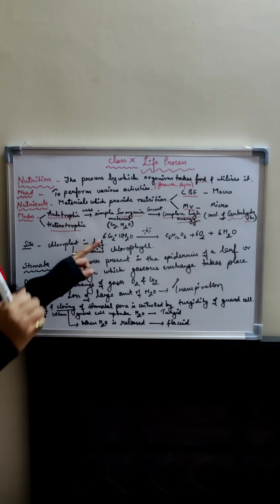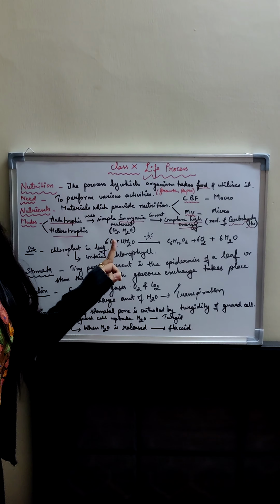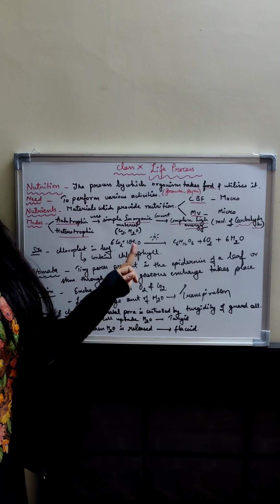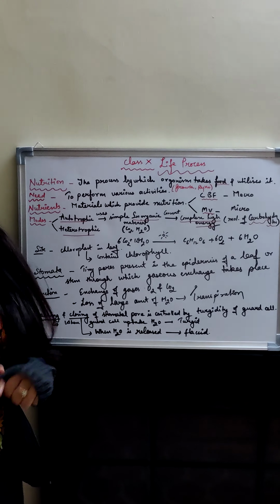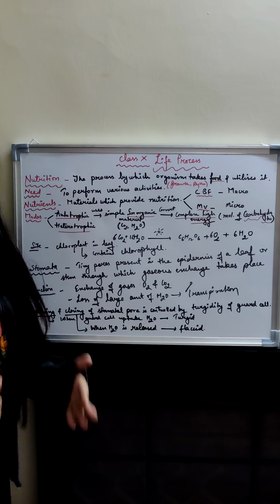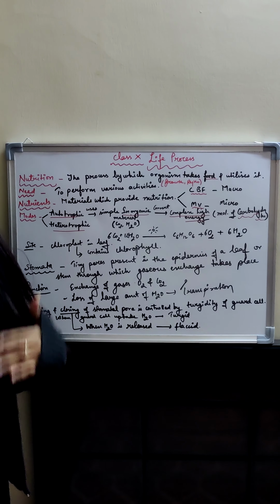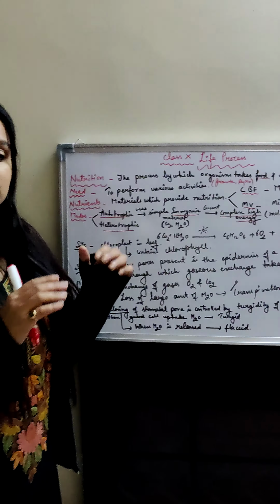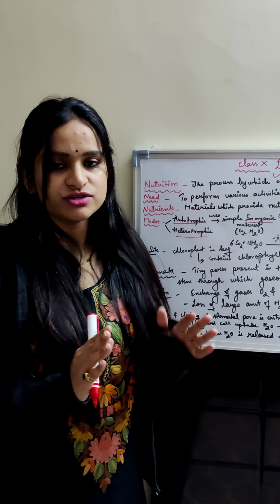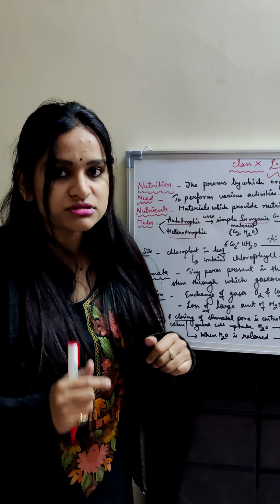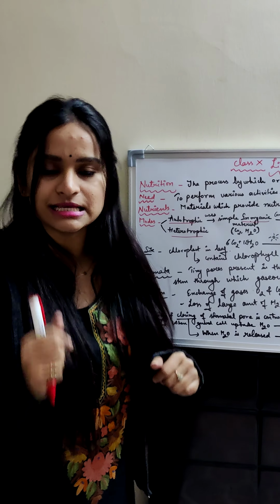Now, the best example that comes to your mind when we talk about the autotrophic mode of nutrition is plants. They prepare their food themselves. There is a particular process through which they prepare their food, and that process is called photosynthesis.